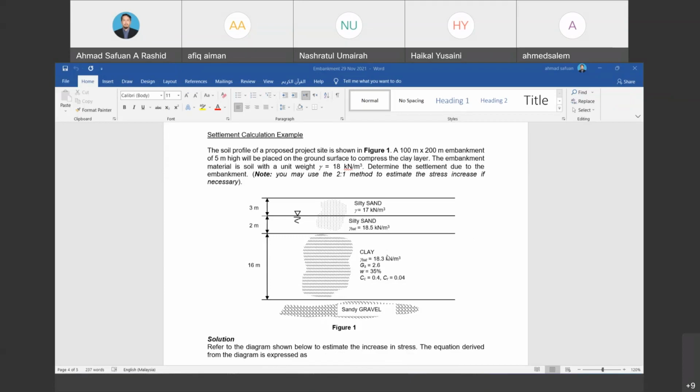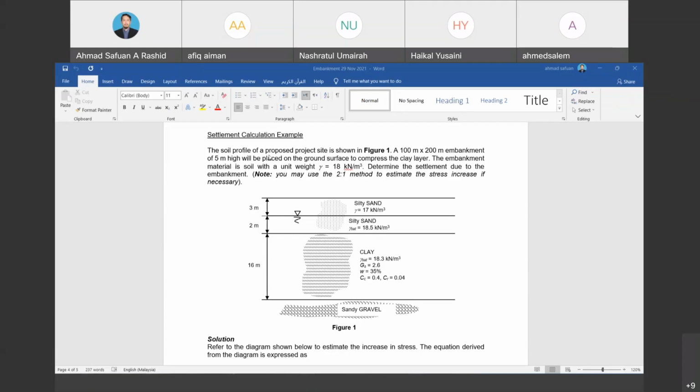It is to calculate the primary consolidation only. However, the immediate settlement is not included in this example. Later on we will share it in the e-learning, because the most critical value for the settlement occurs during the primary consolidation.